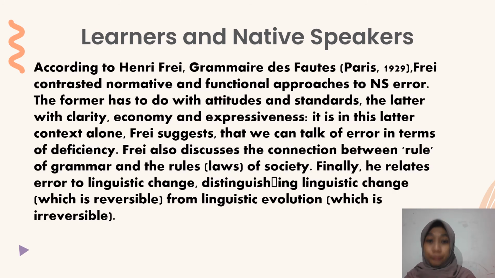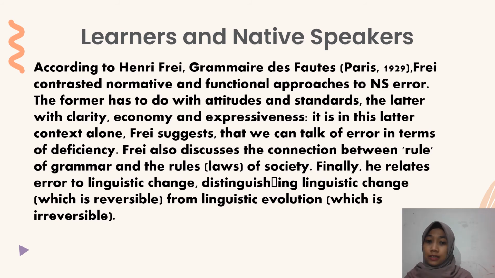According to Henry Frey, Grammaire des Fautes, Paris, 1929, Frey contrasted normative and functional approaches to NS error. The former has to do with attitudes and standards, the latter with clarity, economy, and expressiveness. It is in this latter context alone that Frey suggests we can talk of error in terms of deficiency.